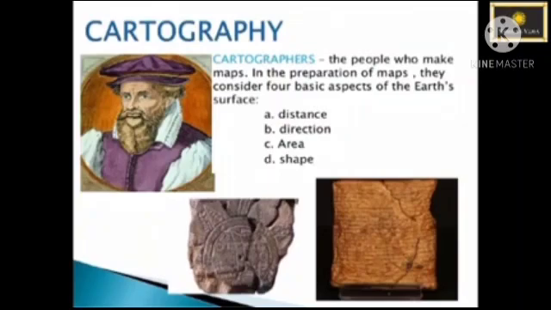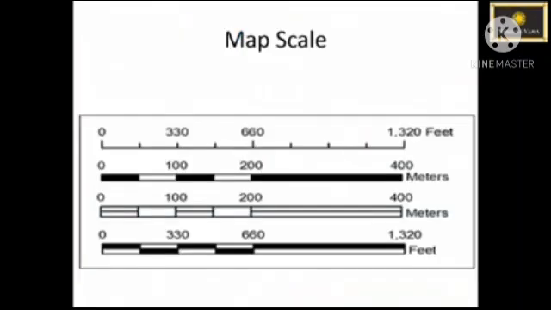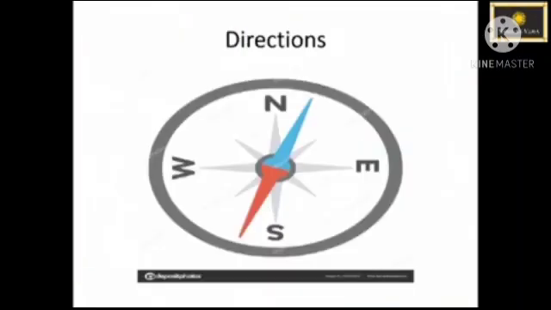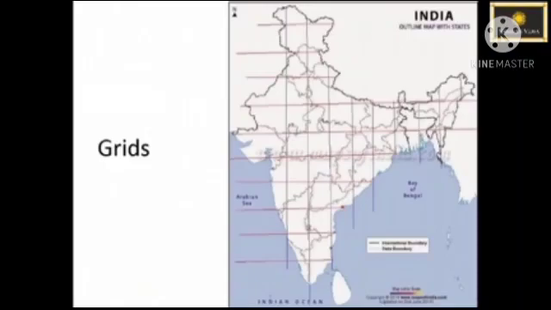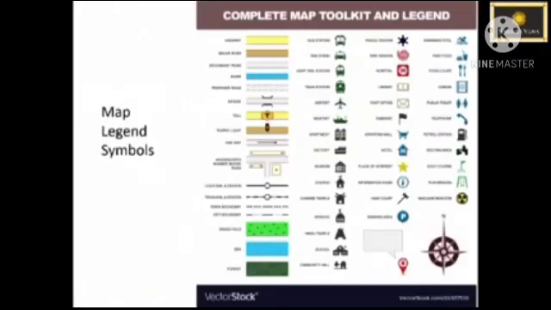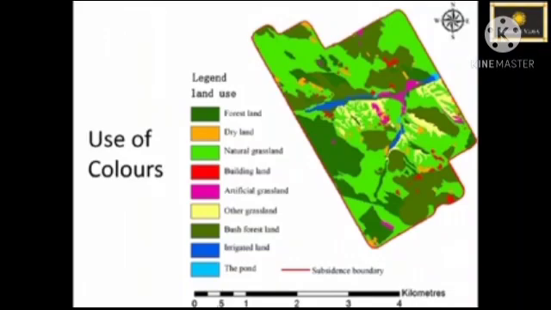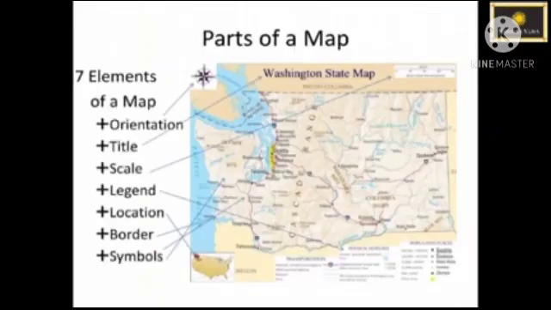A map includes a title, scale, direction, grid, conventional signs, symbols, and colors to show the variety of information. All these features are termed as the language of map.